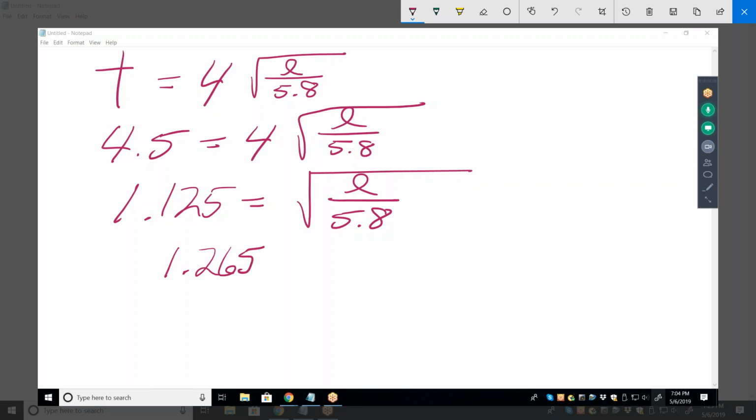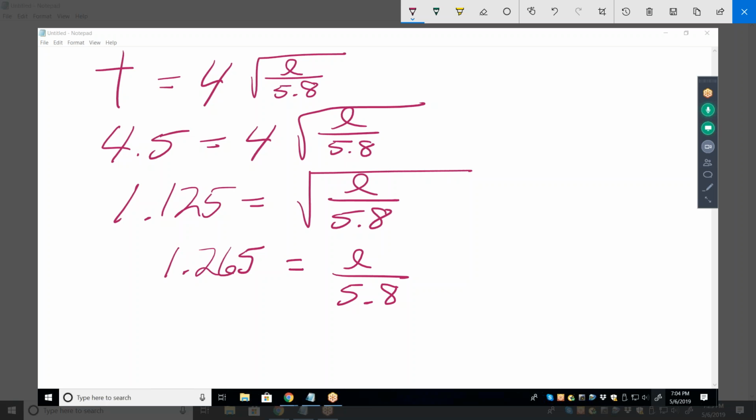We'll leave it rounded off to the nearest thousandth. What's the right side become? Wouldn't that just be L root 5.8? L what? Over 5.8, sorry. Yeah, not L root 5.8. I don't know why I said that.